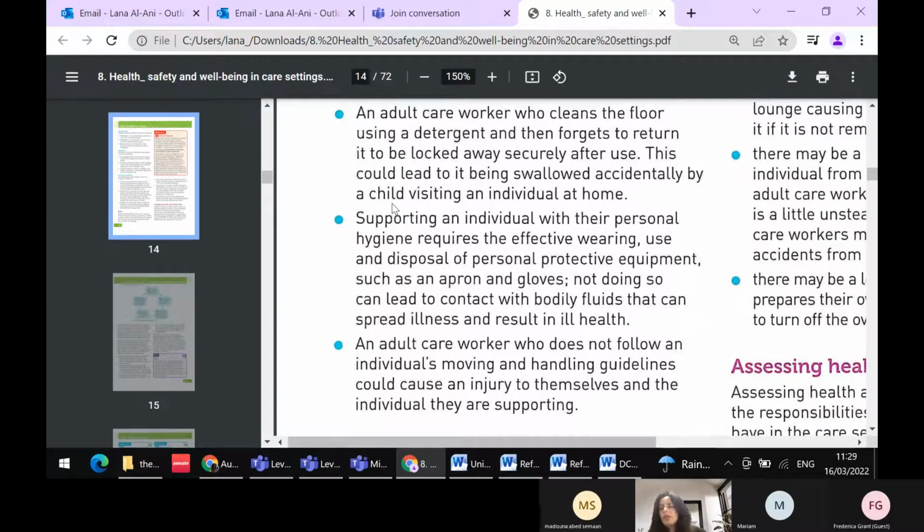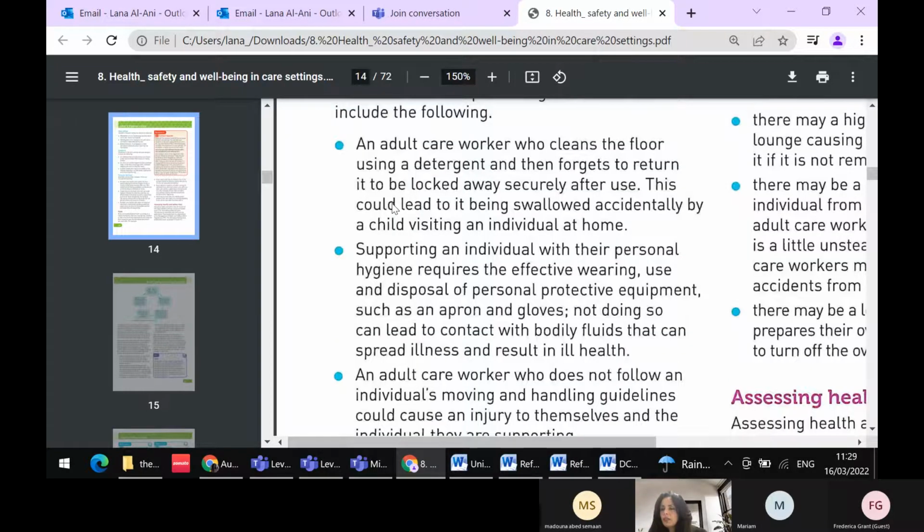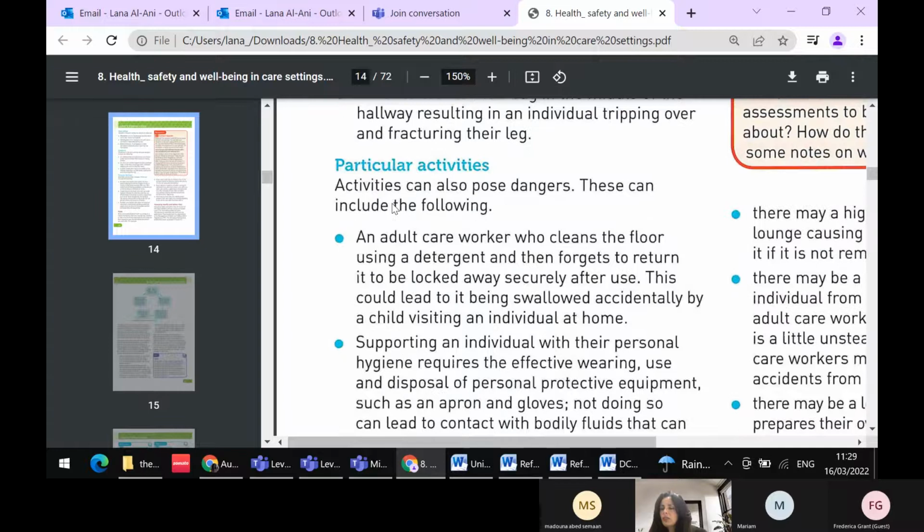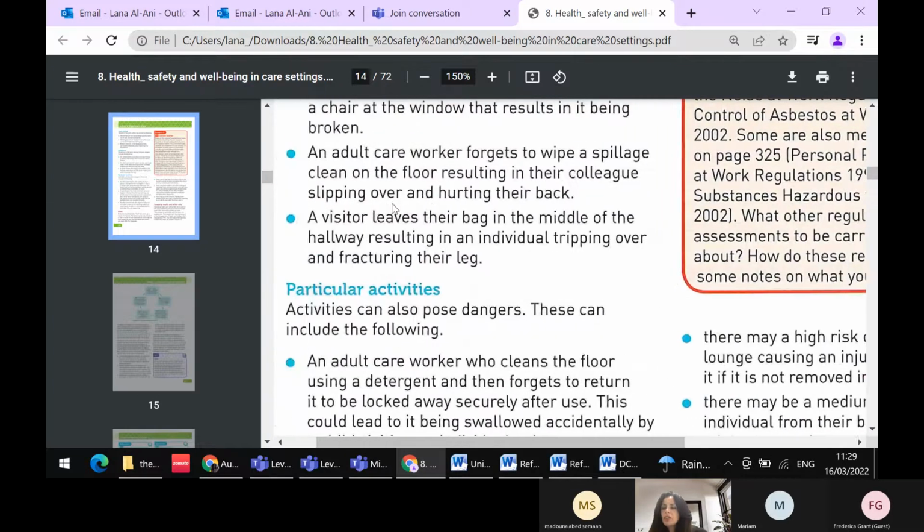If I don't wear the PPEs, this will spread diseases, spread illnesses. If I deal with any body fluid, and the person is ill, I will spread it to other people who I work for. Also, if I don't follow the individual's moving and handling plan, I might get them to fall. So there are many situations.